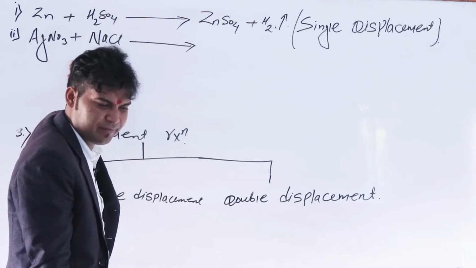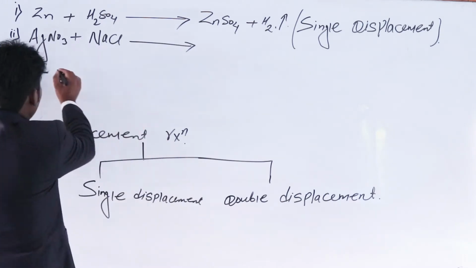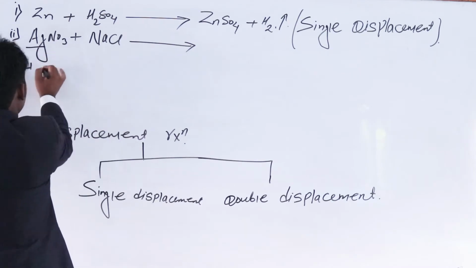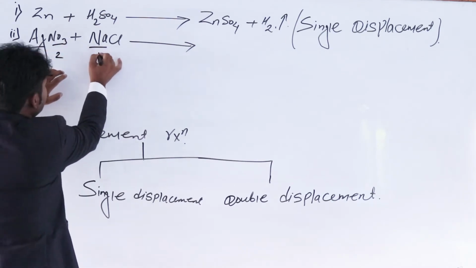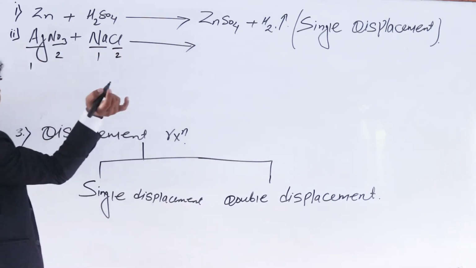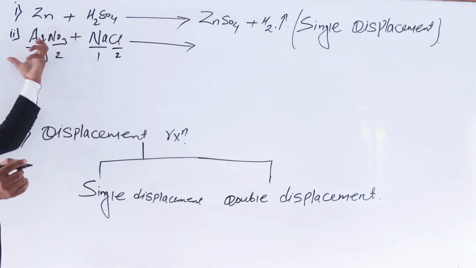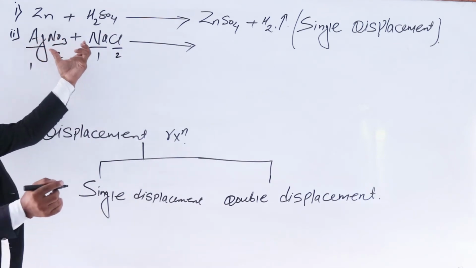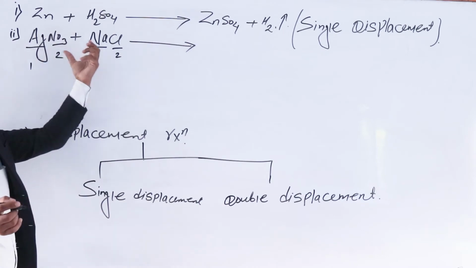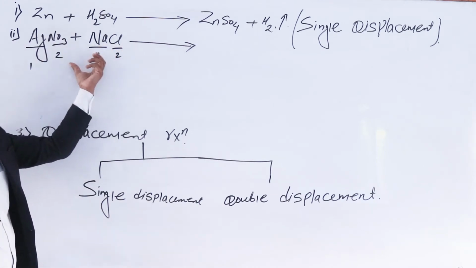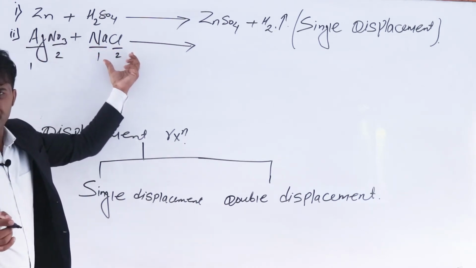Okay, students. Ag, first one, second one; first compound, first element; first compound, second element; second compound, first element; second compound, second element.